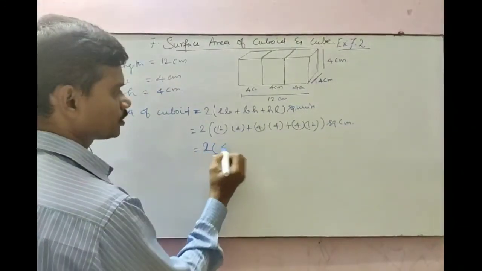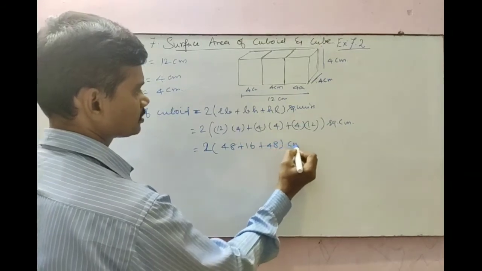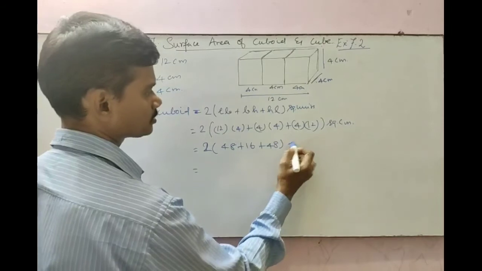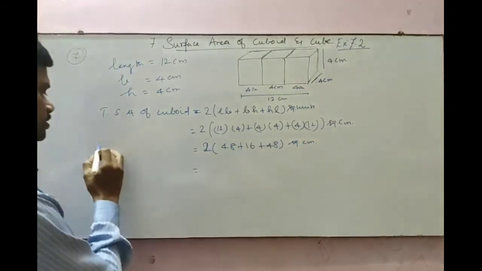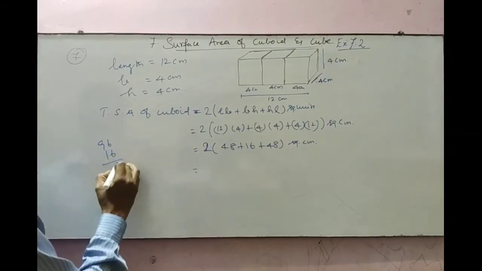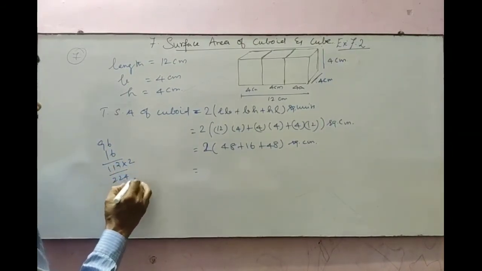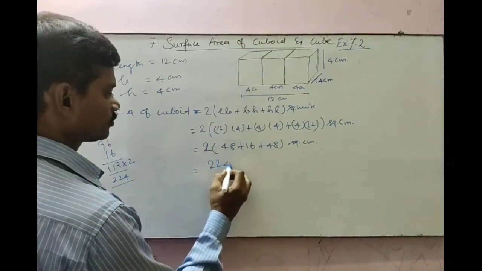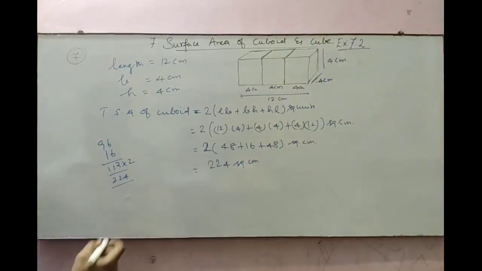So 2 into 48 plus 16 plus 48 square centimeter. 48 plus 48 is 96, 96 plus 16 gives 112, 112 into 2 gives 224. So 224 square centimeter, that is the TSA.